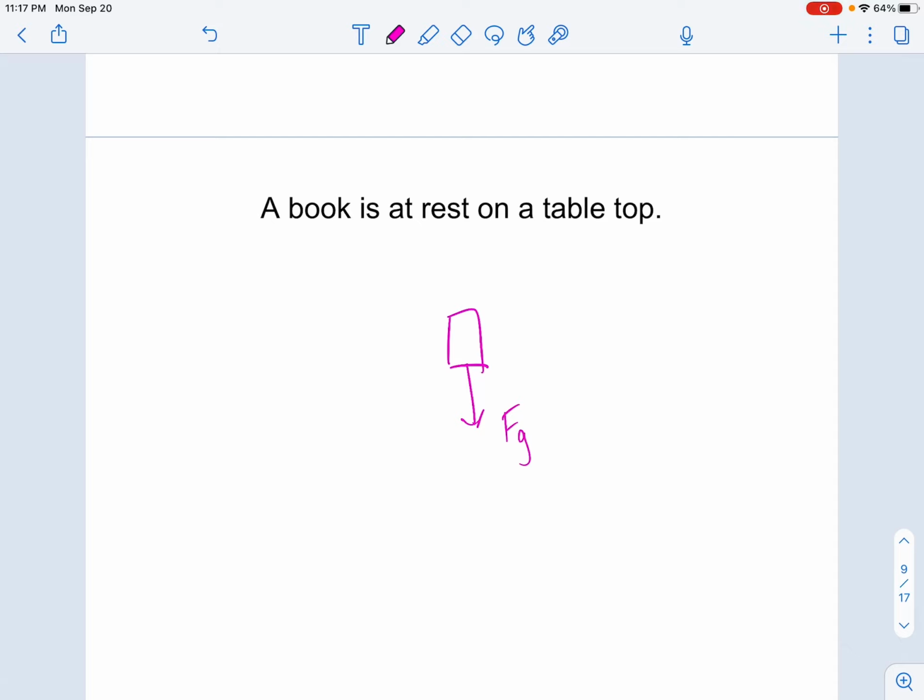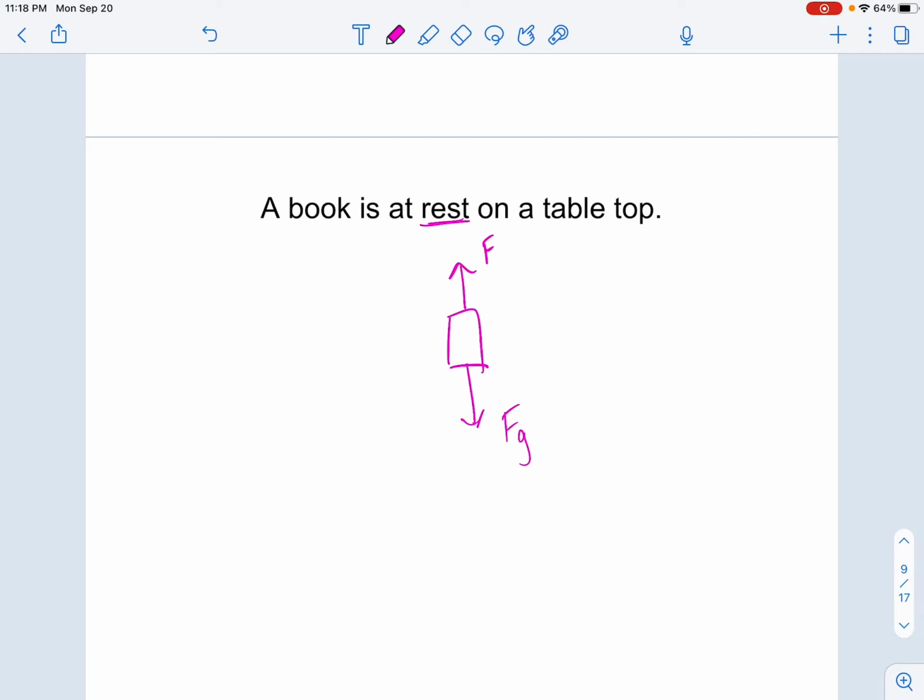This object right now is being shown to have an acceleration because this is unbalanced forces acting in the downward direction. So what we need to understand is if the box is at rest, it is not accelerating downward. So we must have some force acting upward in order to cancel out the effects of gravity.